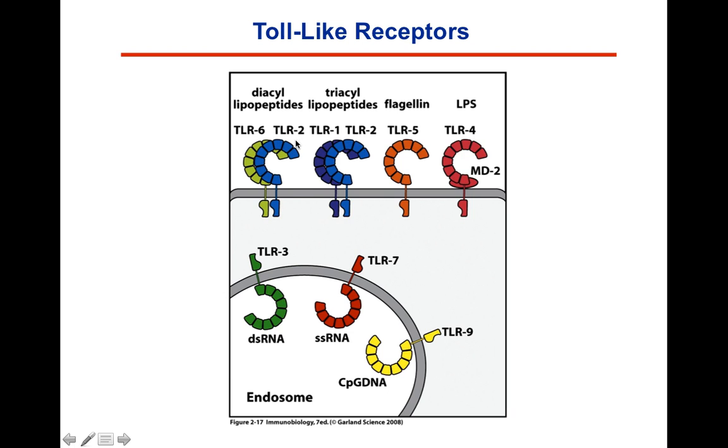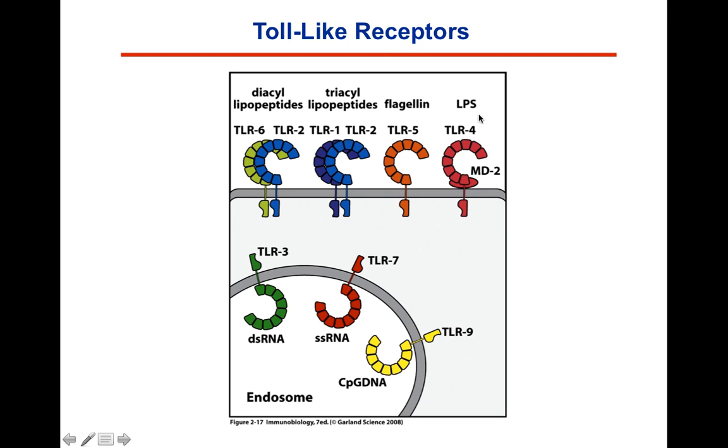Some of these I'm going to point out because they're quite relevant, potentially for development of drugs. There are some that will recognize diacyl lipopeptides, and in several different types, triacyl lipopeptides. Others, like TLR5, can bind to and recognize flagellin.